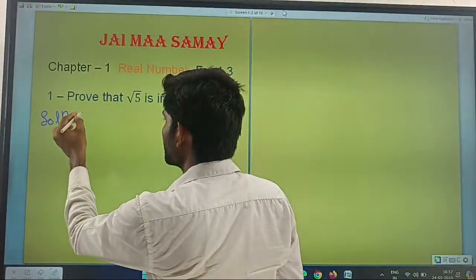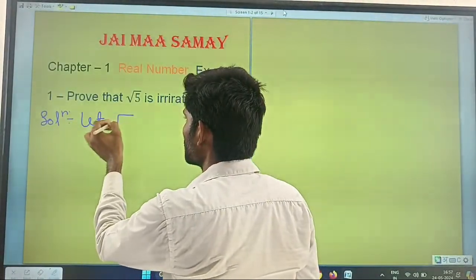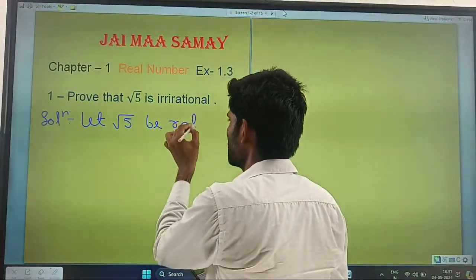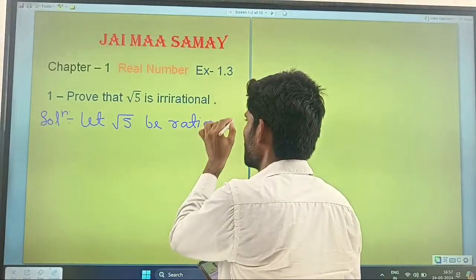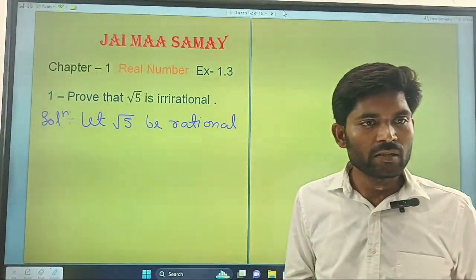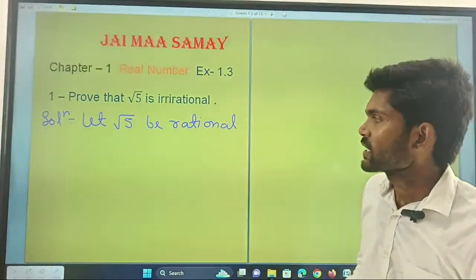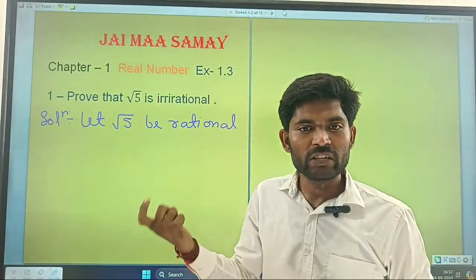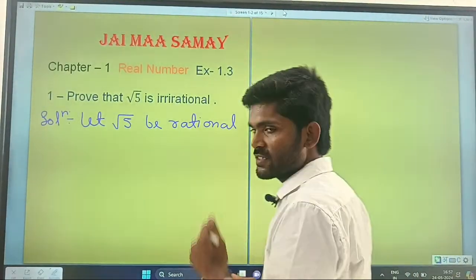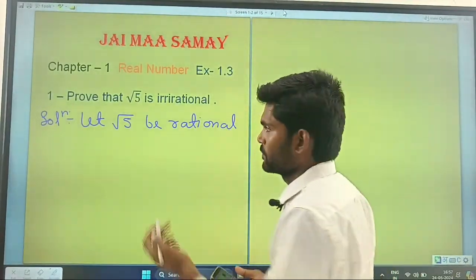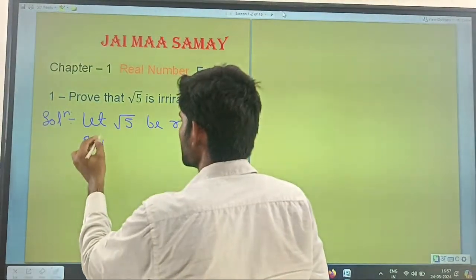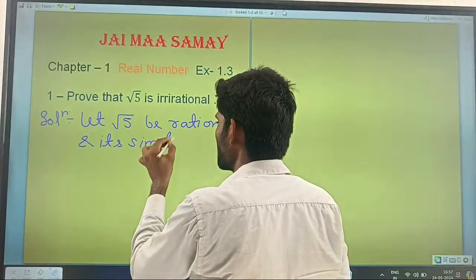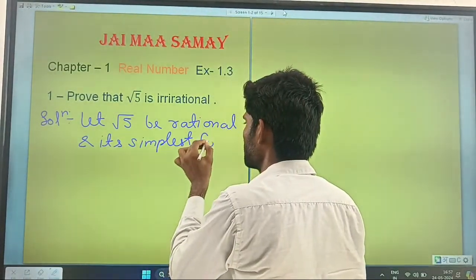What do we have? Let under root 5 be rational. You know now under root 5 is irrational, but we suppose that this is rational. So any rational number, what is its simplest form?